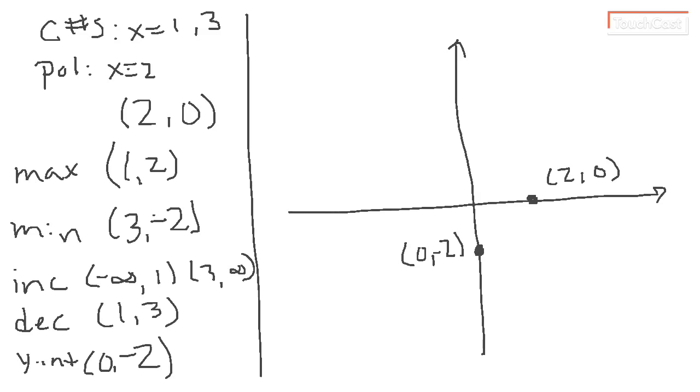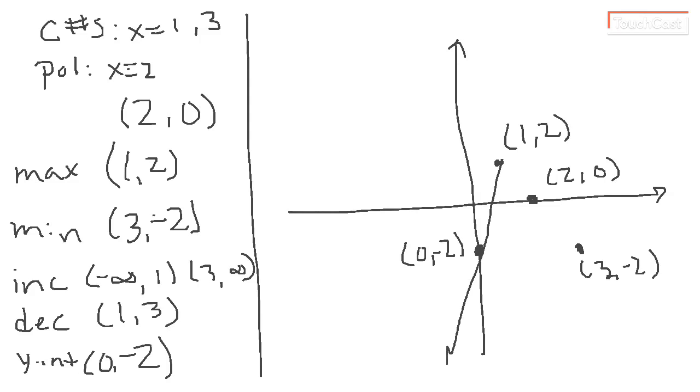We know we've got a point at (1, 2), and a point at negative 2. Not negative 2, at (3, -2). Now we know from negative infinity to 1, we are increasing.